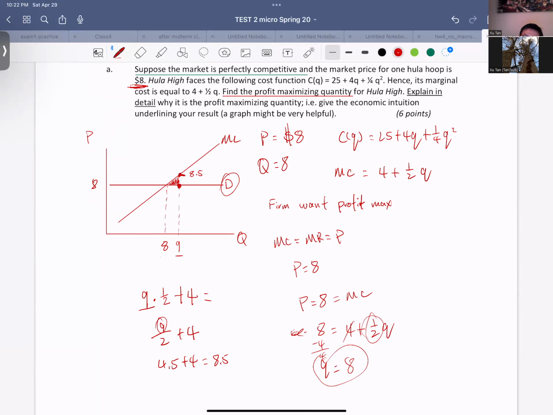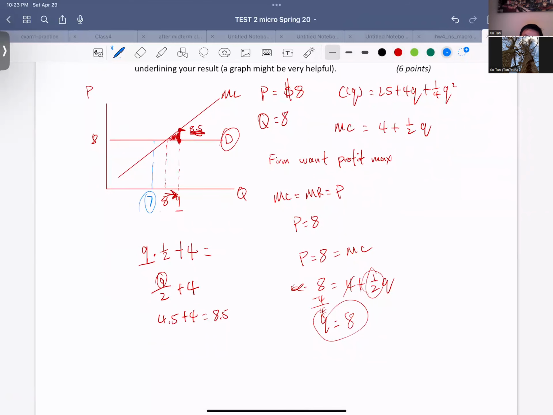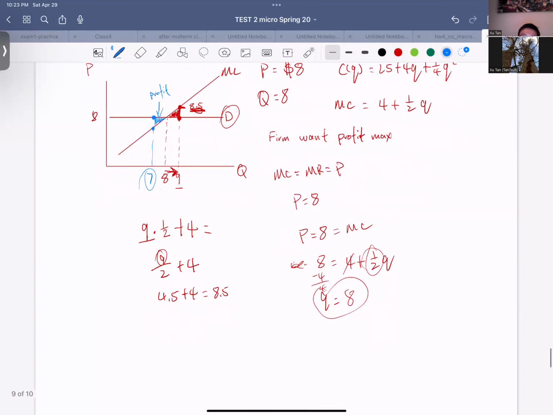So for the 9th unit, the additional unit costs us more than the price. Therefore we don't sell at this unit. Okay, so why don't we sell at, say, 7? Because at unit 7, our price is higher than our cost. Therefore, if we don't sell one more unit, we're losing this much profit. So we have to sell where MC equals P.